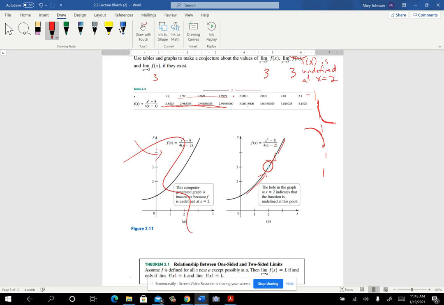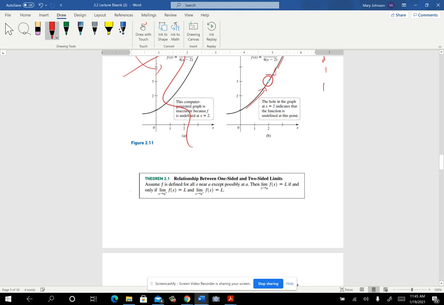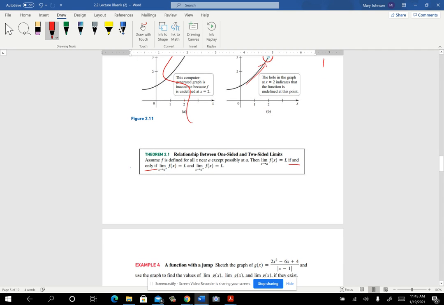All right, now this result we use a lot to decide whether or not a limit exists. If and only if is like an equal sign that goes both ways. We have to assume the function's defined for x near a, not necessarily at a.